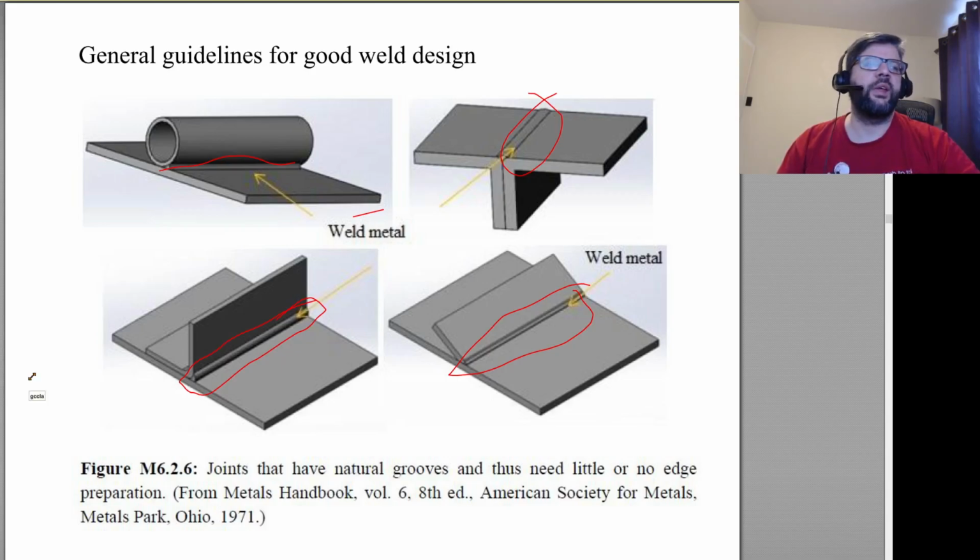Anytime you can reduce the requirement for edge preparation prior to starting your weld, it greatly reduces the cost and allows you to pump out more parts per hour, and essentially increase the speed of your manufacturing process, and as a result, increase the profitability of the company that's making these parts, or just decrease the amount of time spent.